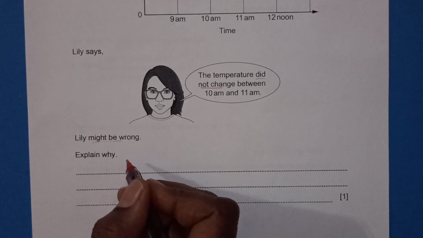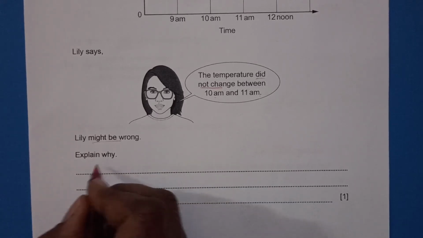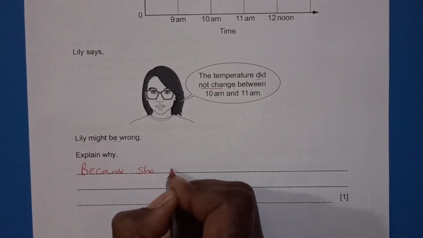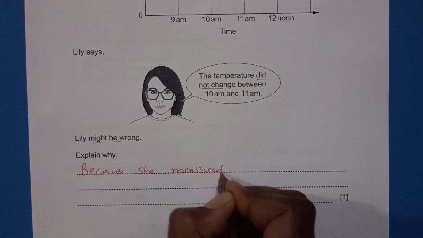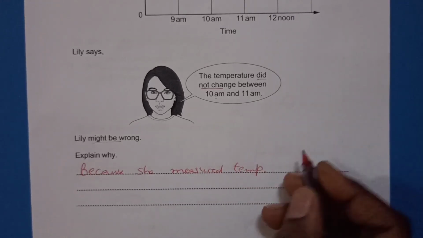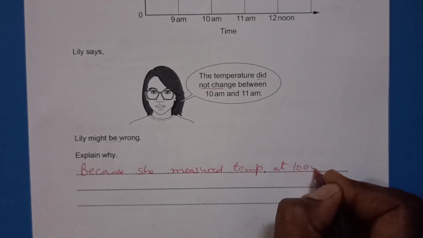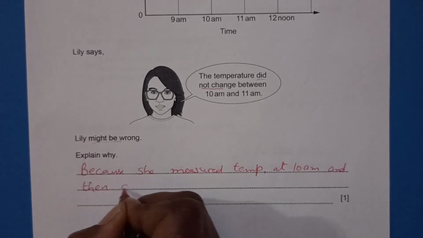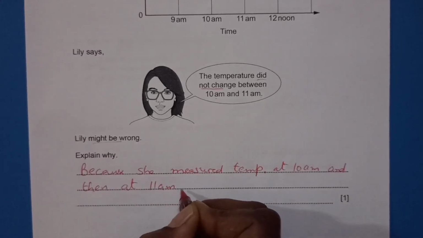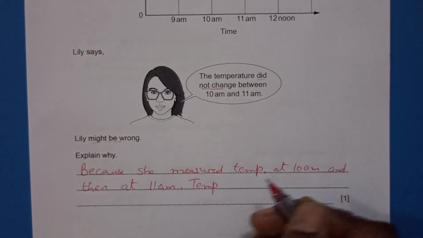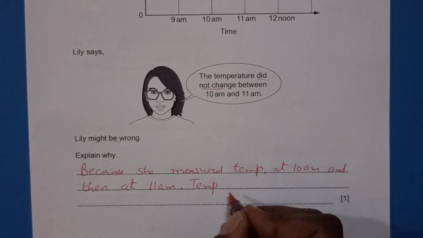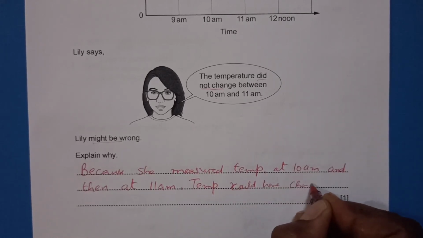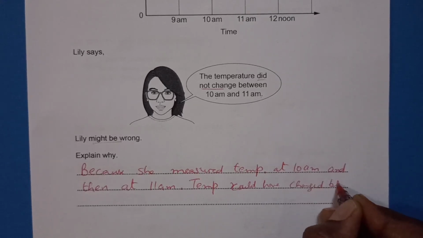She may not be correct because Lily measured temperature at 10 a.m. and then at 11 a.m. So temperature could have changed in between.